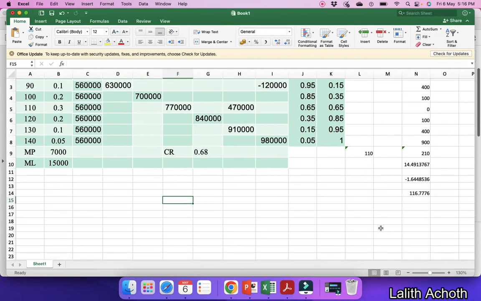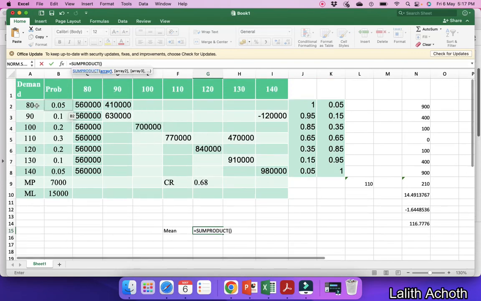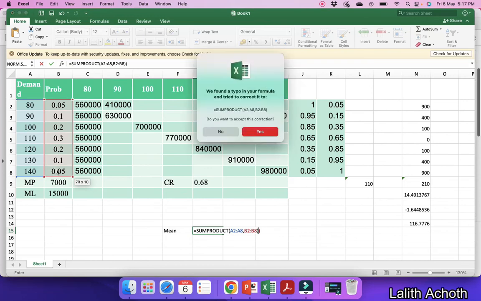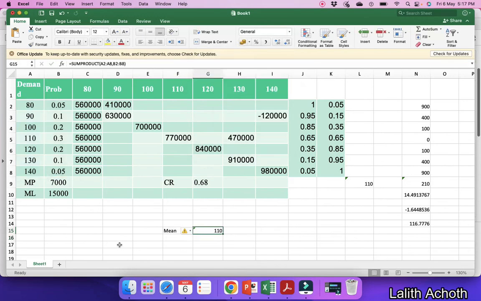So I'm going to calculate the mean, which is equal to the sum product of this with this, with the probabilities. Close the bracket and enter. So the mean is 110.